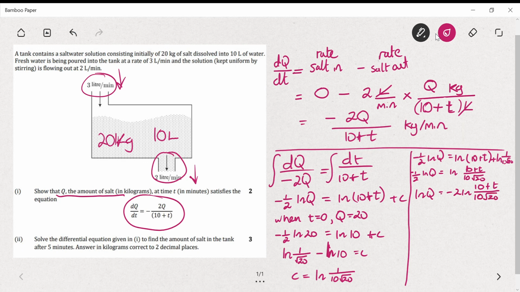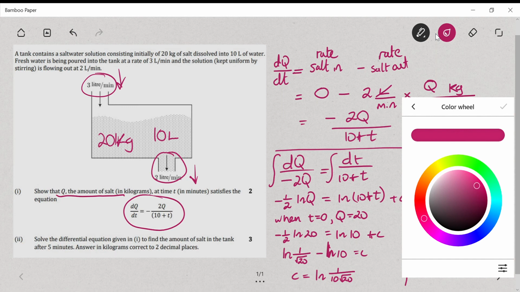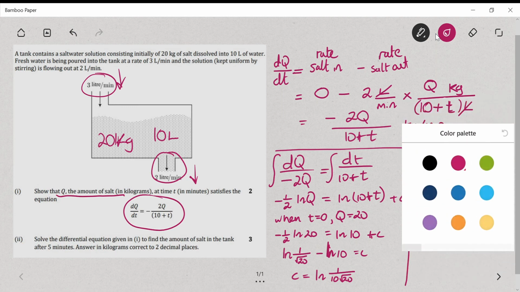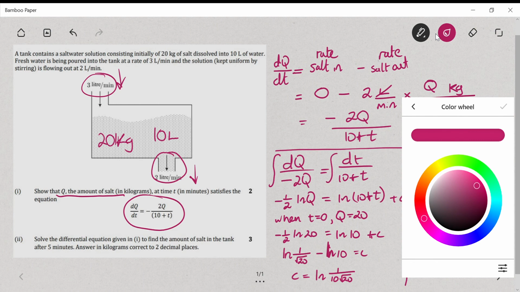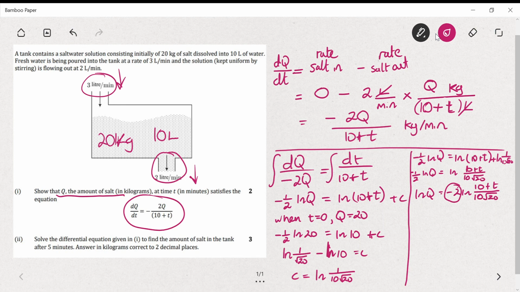And then I'll bring this up and pop it outside there as a power.